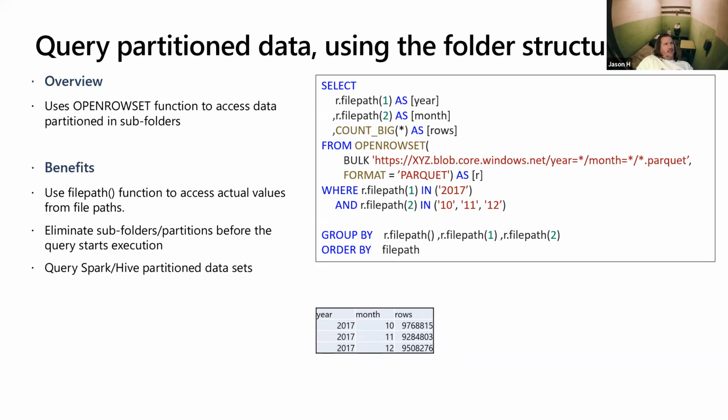You still want to put another predicate on there that says where trip date between 2017-10-01 and 2017-12-31 to logically protect, because even though this will only read those files, there's no guarantee that in this 10 folder we don't have data for September, right? Somebody could have messed that up. So even though we're using the partitioning to do the elimination, we want to redundantly specify a predicate that makes sure that we can't return that data.